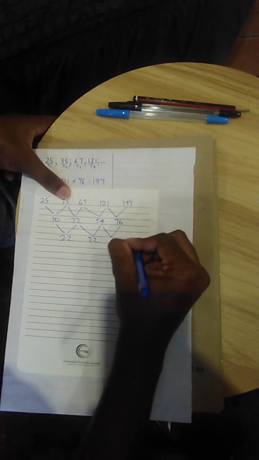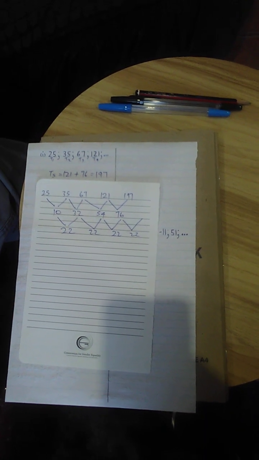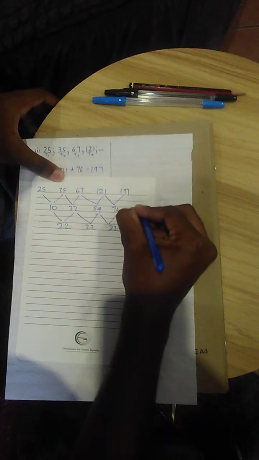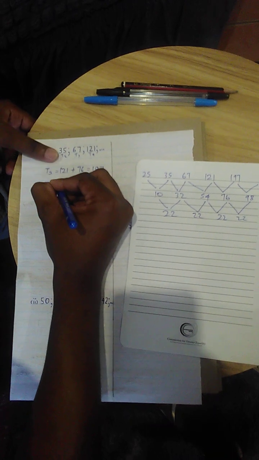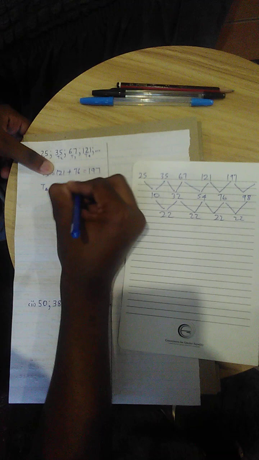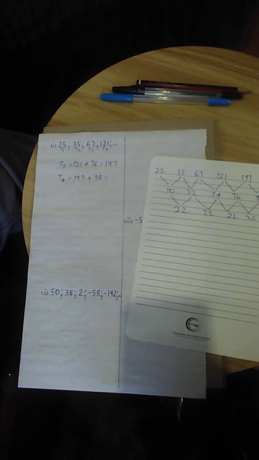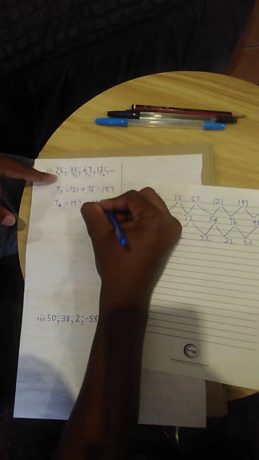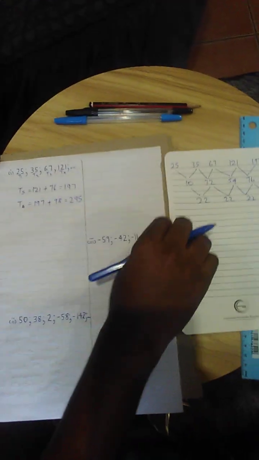So as usual, 22, 76 plus 22, 98. So T6 is 197 plus 98, 295. So we found the next two terms.